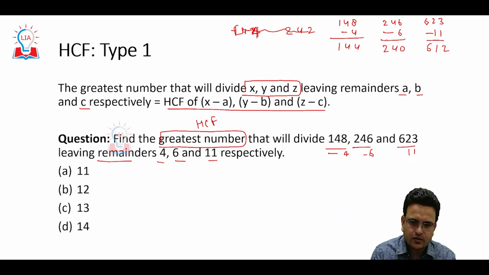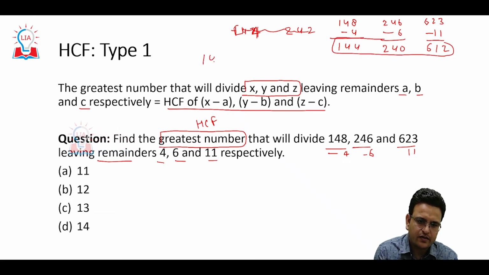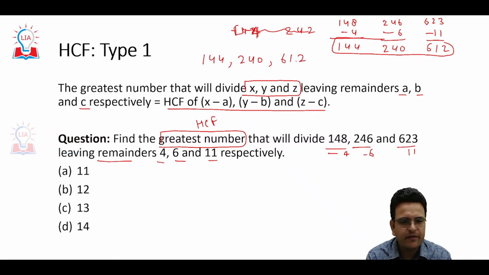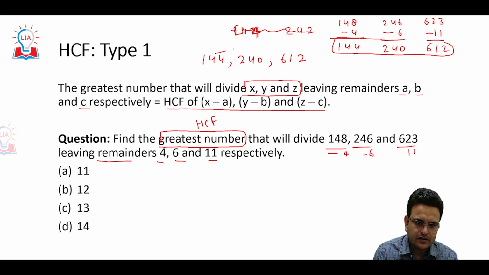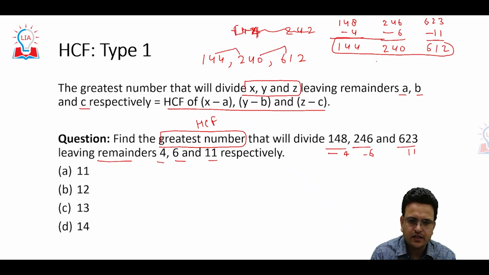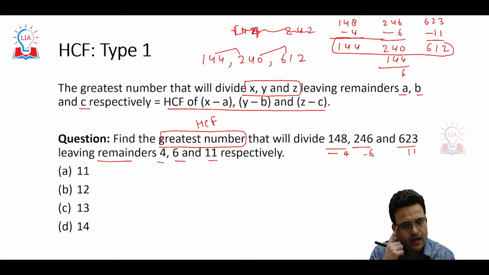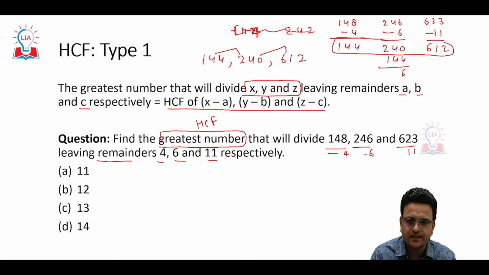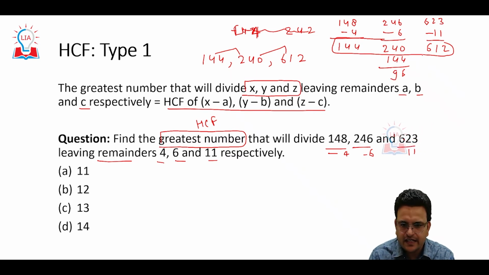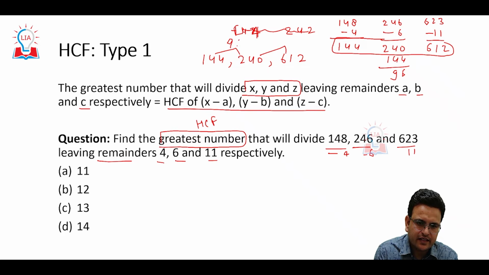So now try to get the HCF of 144, 240, and 612. I will go with the difference method. So just take the difference of these numbers. 240 minus 144 is 96, then we have 372. So here the difference will be smaller, so 96.